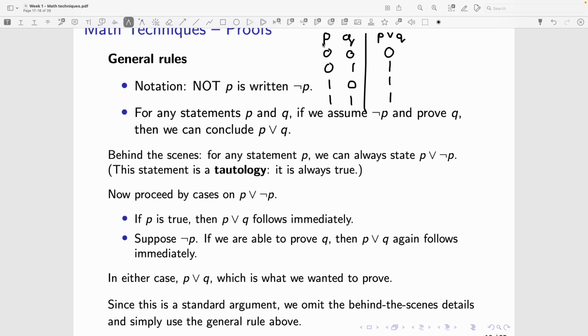So you could imagine p being something true, like our x that's less than 5 from that old example. Q being whatever you want, x equals 5, 0 equals 1, whatever. And you see that if p is true, then p or q is true, regardless of what q is. This also works for q. If q is true, then p or q is true, regardless of what p is.